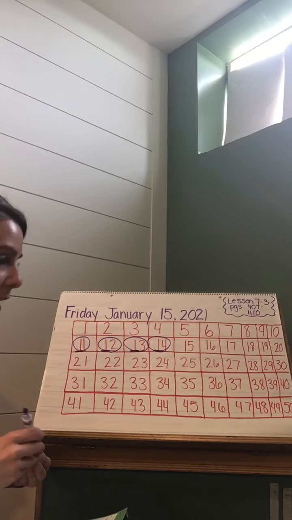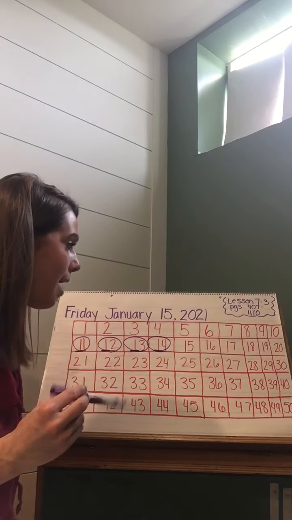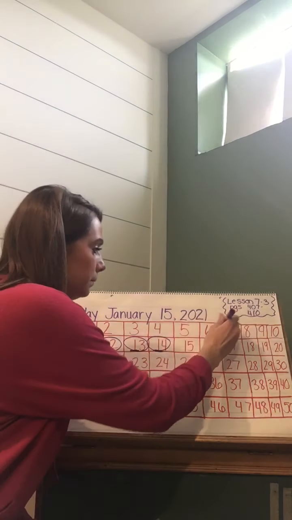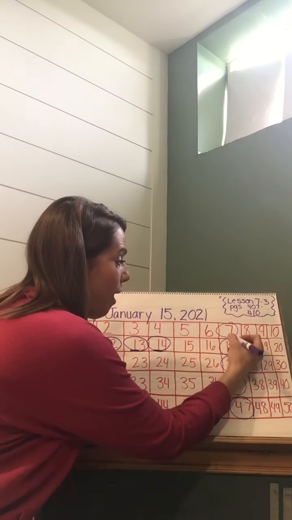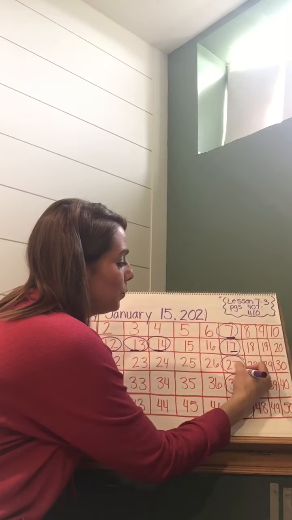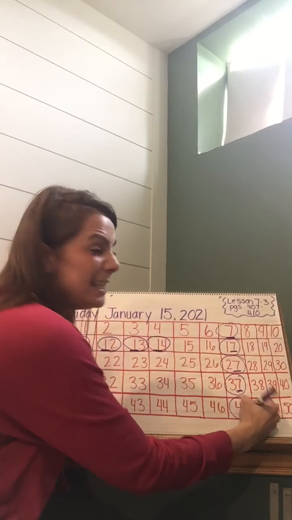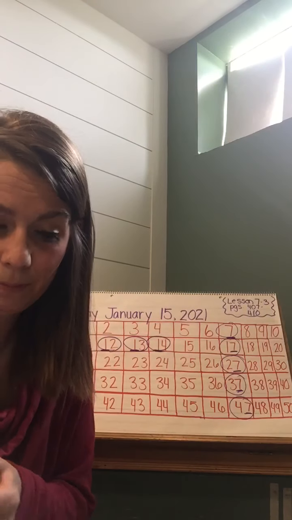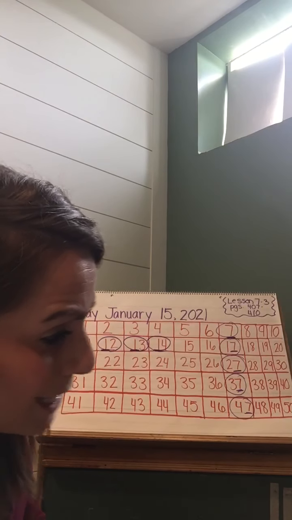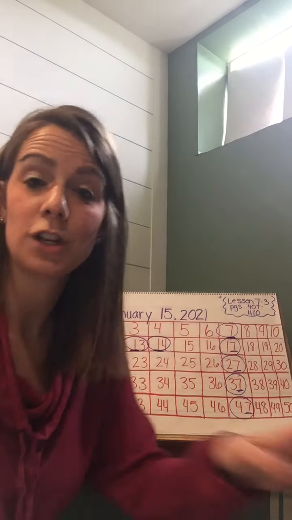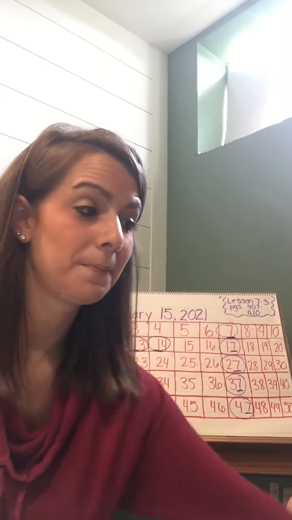But if I were to come down here and look at, let's do this column, all of the ones place would have 7 in the ones place. So a number chart can even extend past numbers greater than 100.